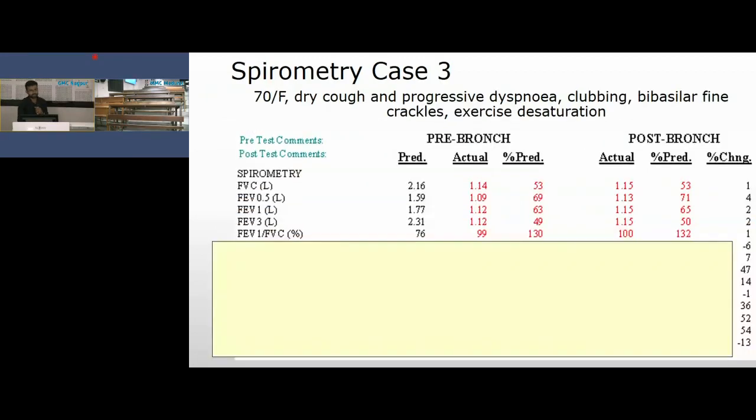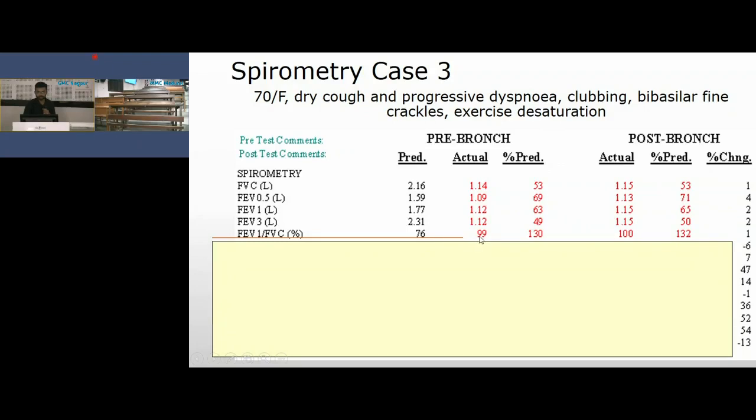Let's discuss the third case of a 70-year-old female with complaint of dry cough, progressive dyspnea, clubbing, bibasilar fine crackles, and exercise desaturation. Then first check the FEV1 by FVC ratio. It is more than 80%, or in terms of liters, more than 0.7.